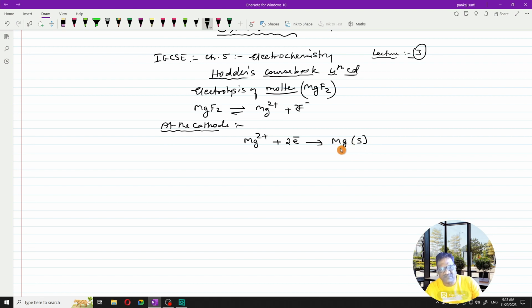This solid magnesium will slowly and steadily get accumulated on the cathode. He has asked what the product is: the product at the cathode will be magnesium metal, in the solid state. Slowly it will get accumulated on the cathode.